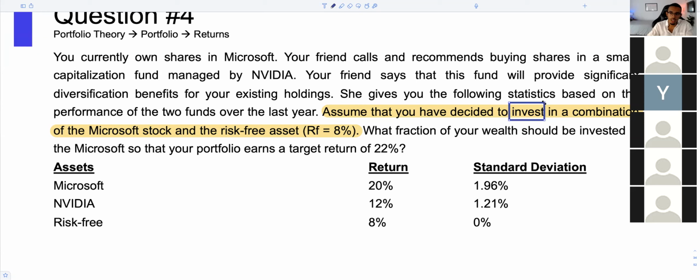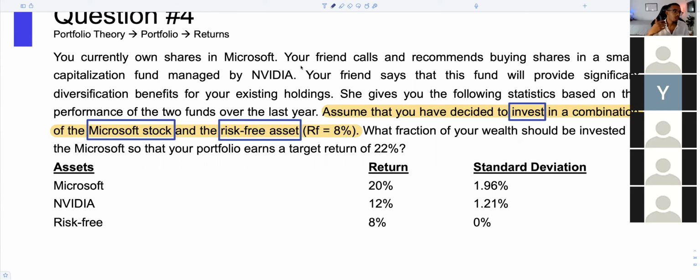Can somebody put that in the chat? Yeah, Microsoft. A combination of Microsoft and what else? Microsoft stock and the risk-free rate. Amazing. So this is pretty important. There you go. I hope there were no wrong answers because it was so obvious.